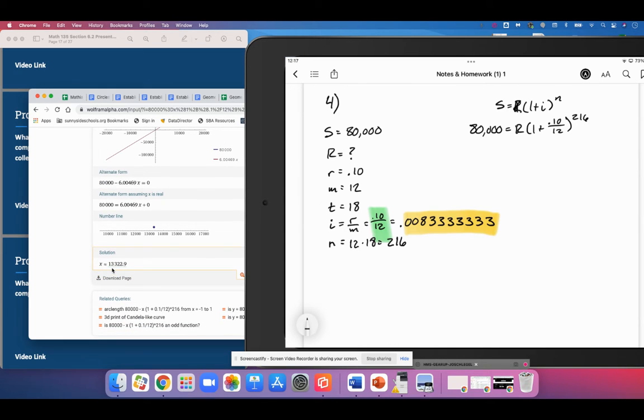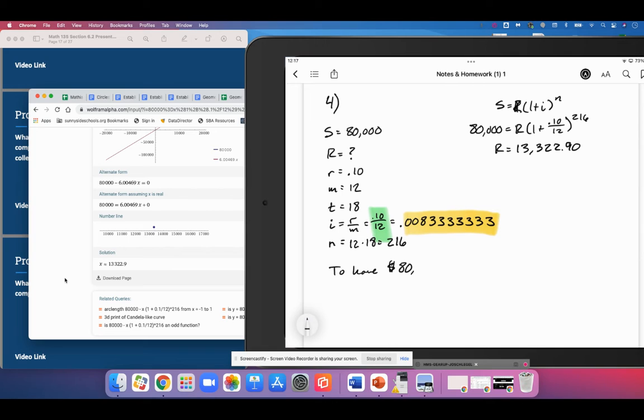And we get this value down here, everyone. The solution is $13,322.90.